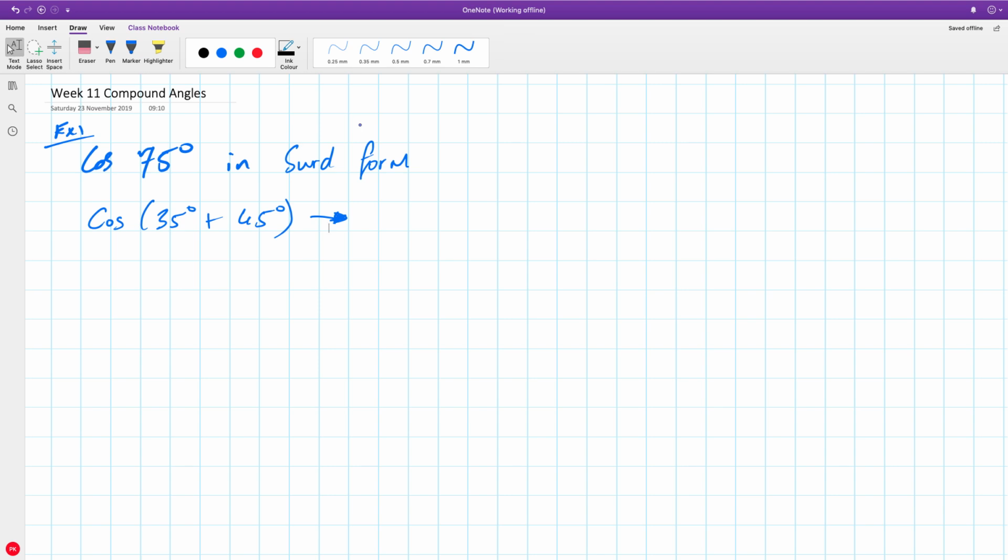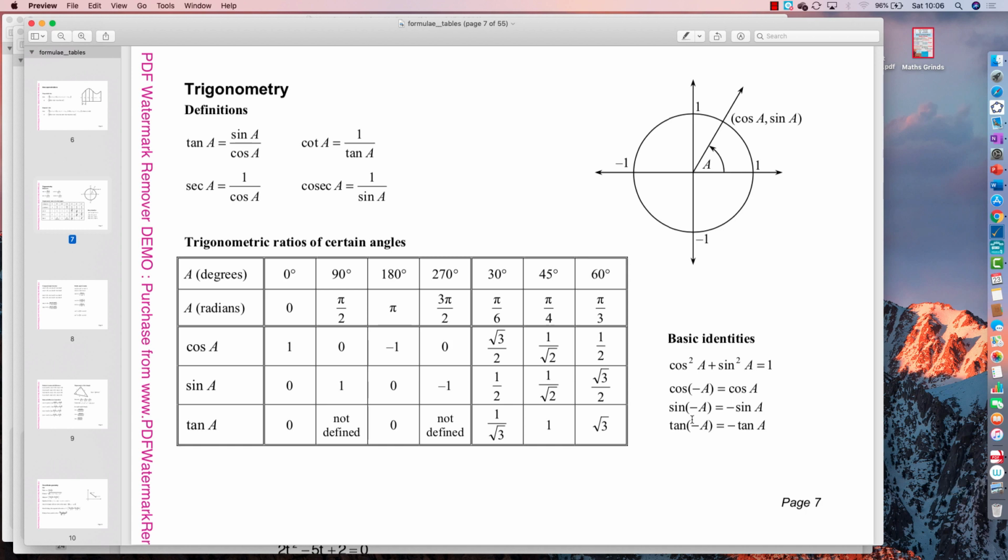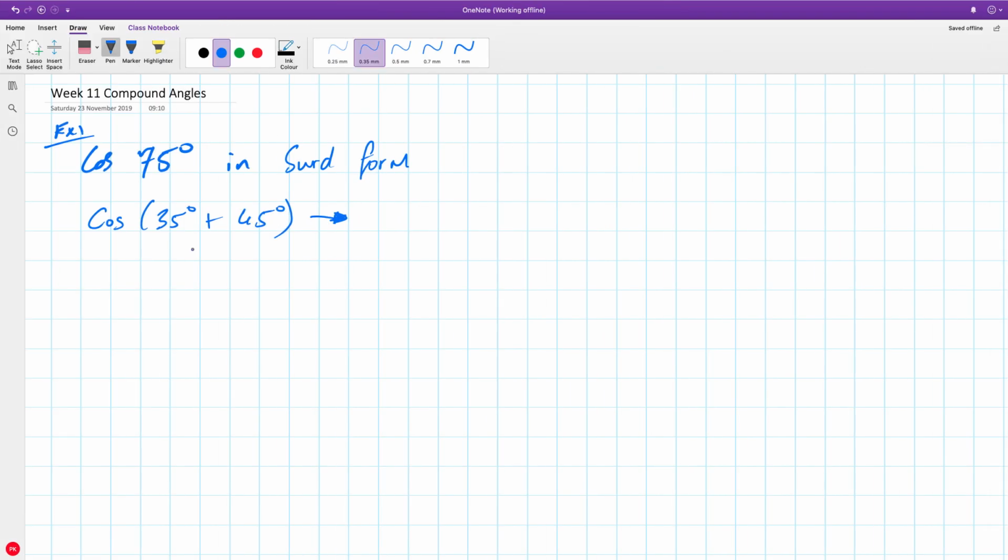Sorry, 30 and 45, that should be 30, apologies. Cos of 30 degrees plus 45 degrees.